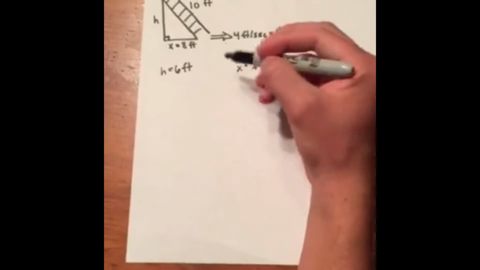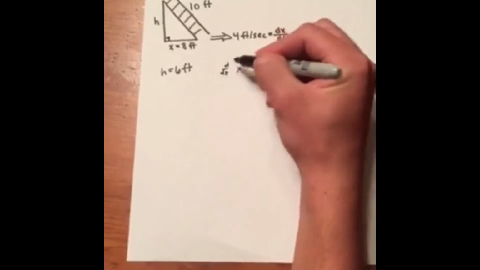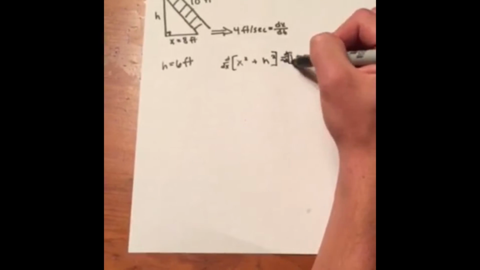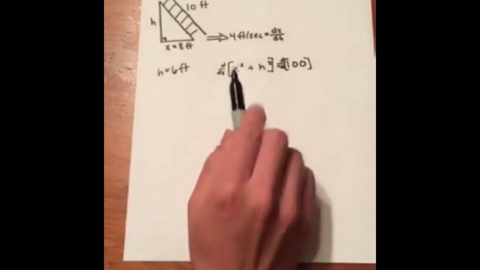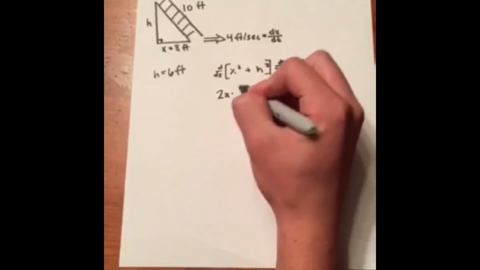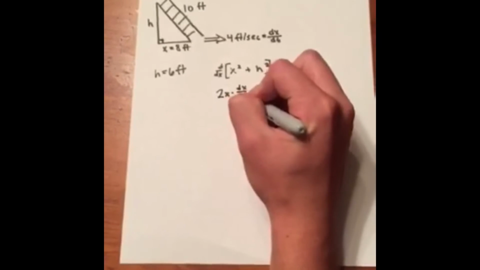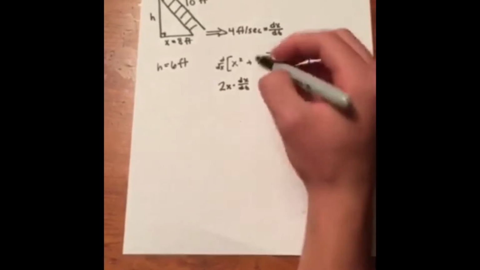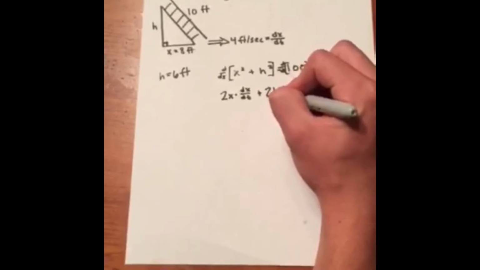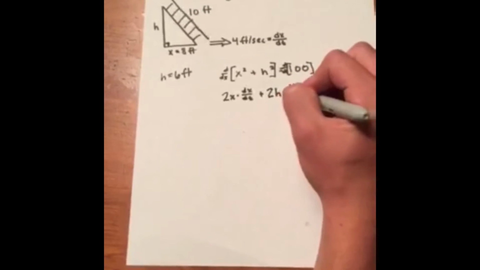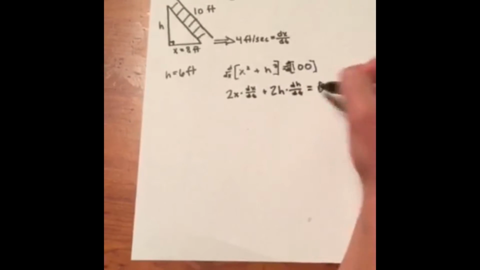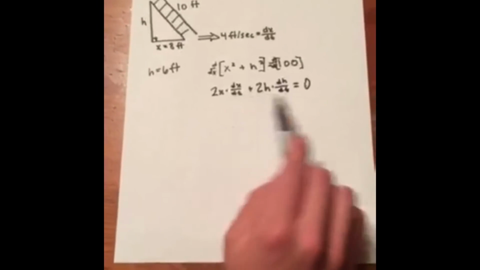This turns into 2x times dx over dt because of the chain rule, and then h squared turns into 2h times dh over dt, and the derivative of a constant is just 0. So this is what we have right here.